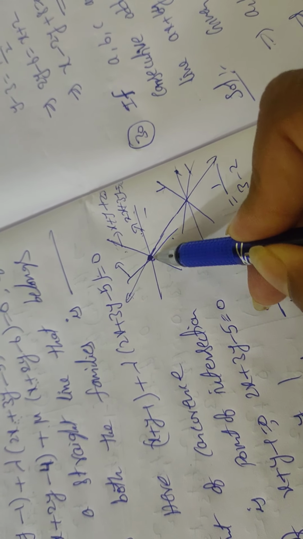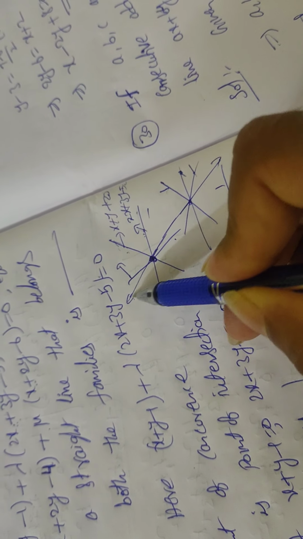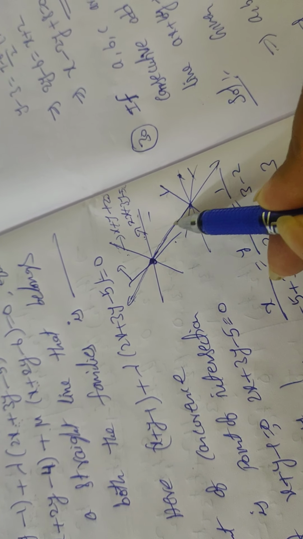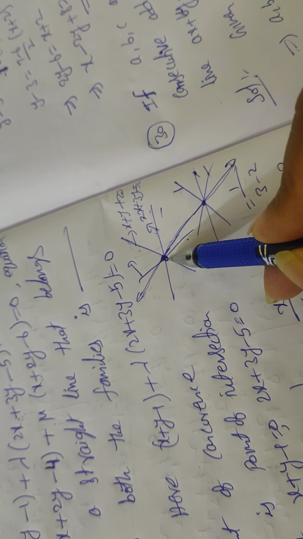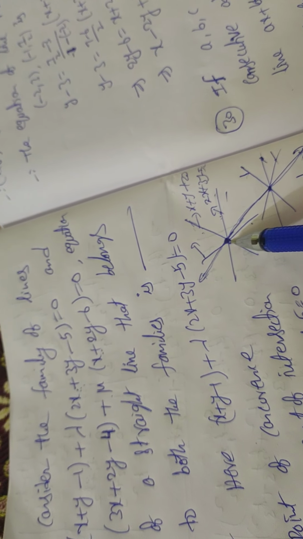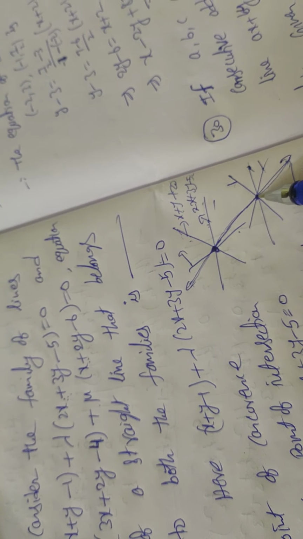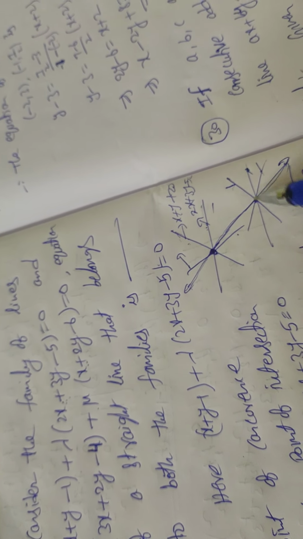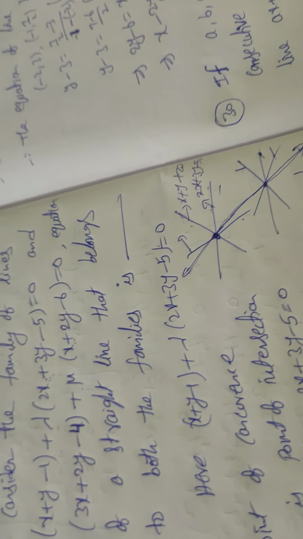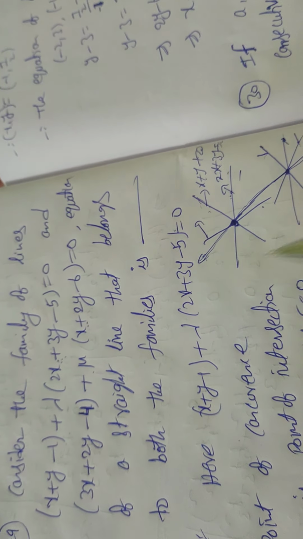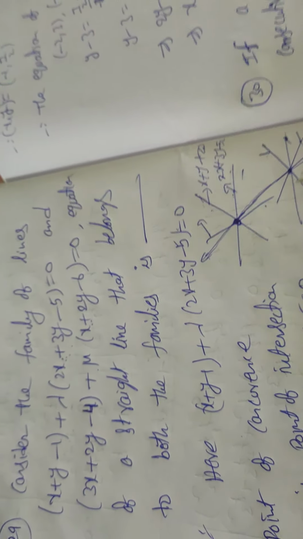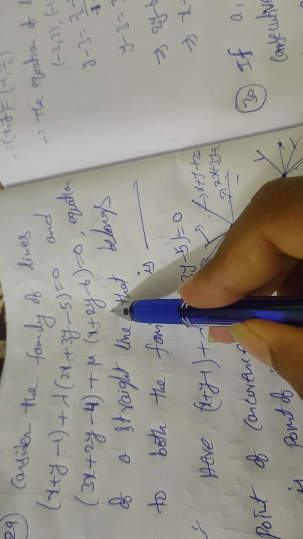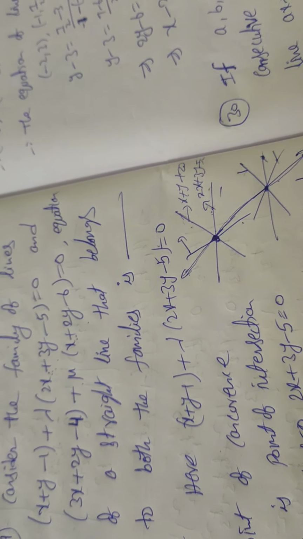One is the point of intersection of the first family of concurrent lines, and the other is the point of intersection of the second family. After getting the 2 points, apply the two-point form, which gives our required answer.